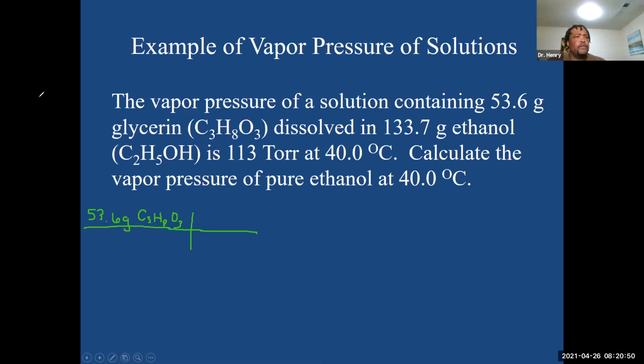How do I convert to moles again? Divide by the molecular weight. Yes.